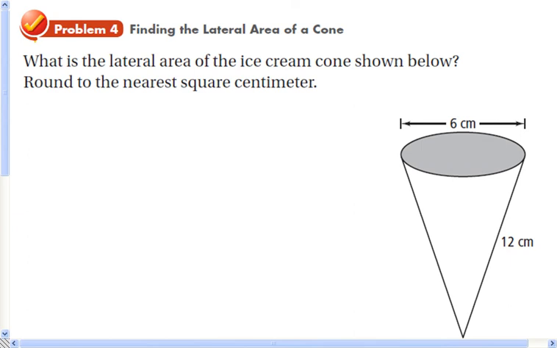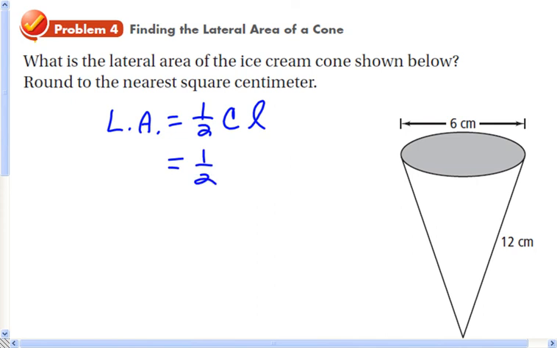All right, one more problem here. What is the lateral area of the ice cream cone shown? So, like if you had a paper cup that the cone went into, that would be the area of that cup, round to the nearest square centimeter. All right, so the lateral area again is 1/2 the circumference times the slant height, which is 1/2.